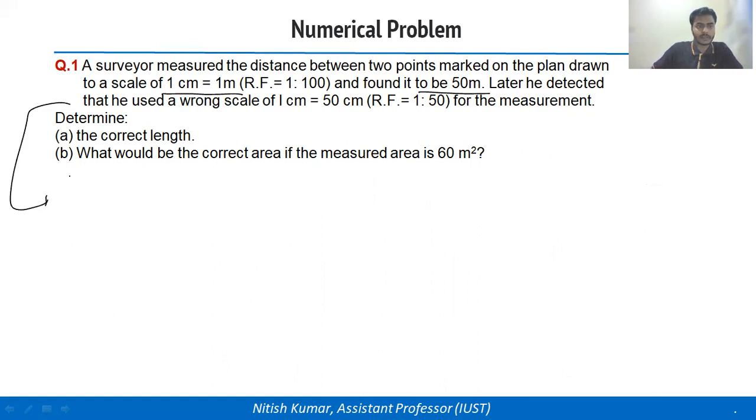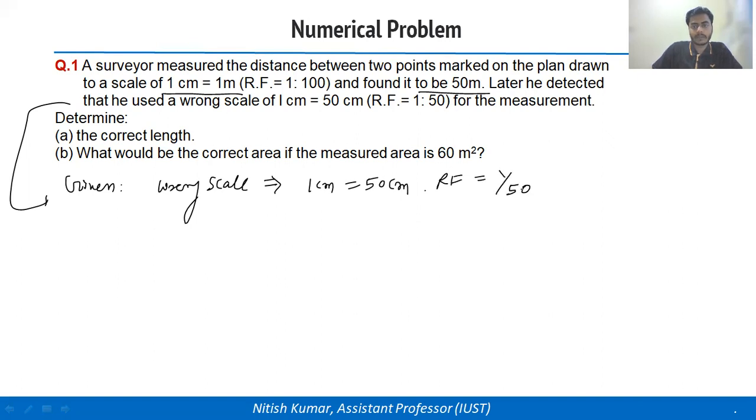So from the question, what is given? Given wrong scale, 1 centimeter is equal to 50 centimeter, or RF is given 1 by 50. And correct scale is given 1 centimeter is equal to 1 meter, or we can say 100 centimeter.